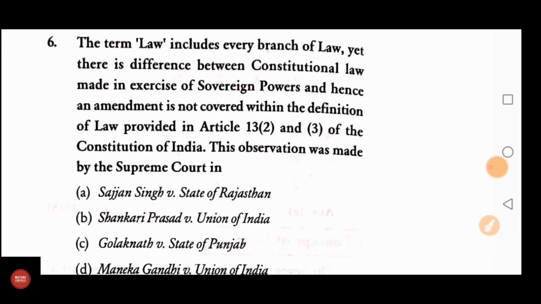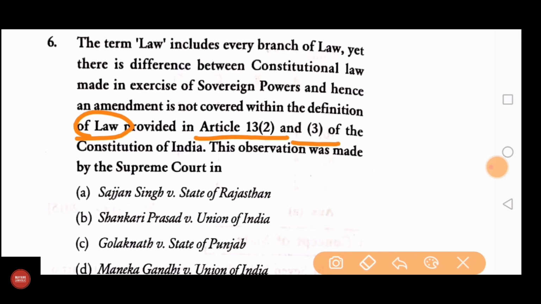The term law includes every branch of law, yet there is a difference between constitutional law made in exercise of sovereign powers, and hence an amendment is not covered within the definition of the law provided under Article 13 Clause 2 and 13 Clause 3 of the Constitution of India.